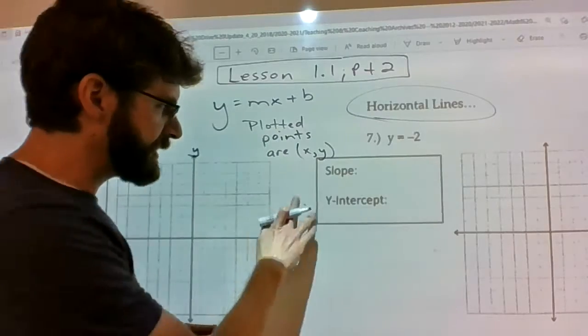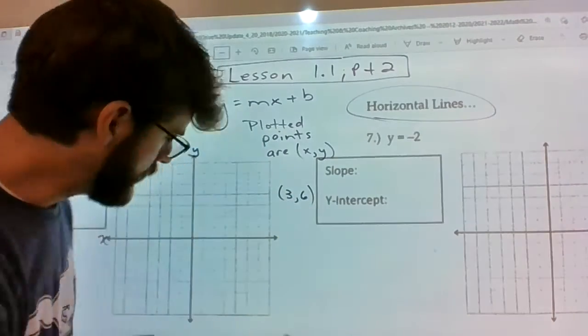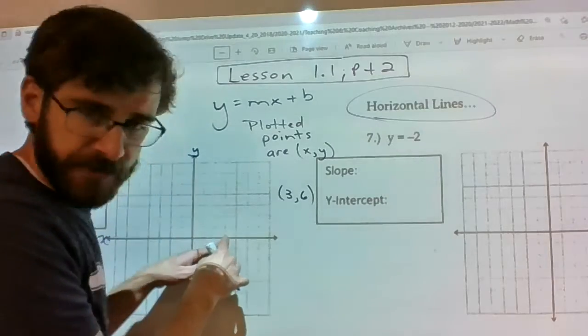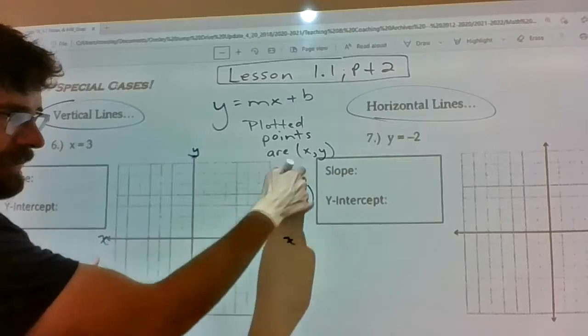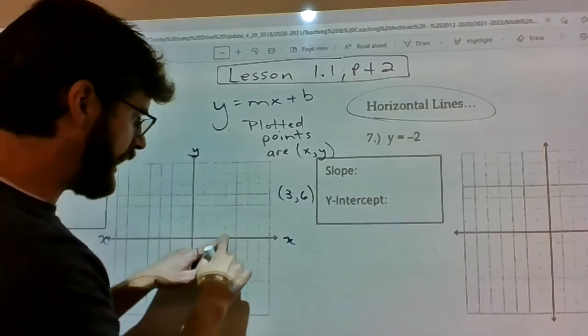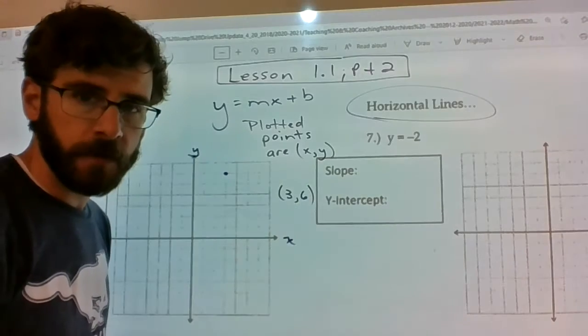If somebody says plot the point 3, 6, you would go right 3 units for the x, over 3, then up 1, 2, 3, 4, 5, 6. And then you'd plot a point.